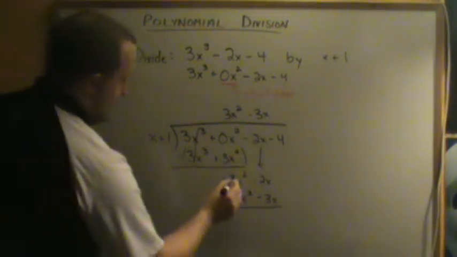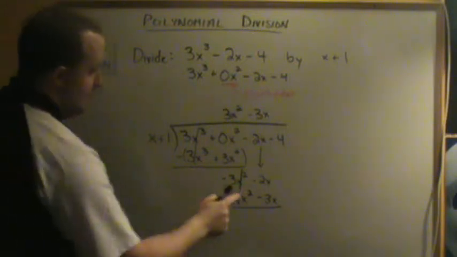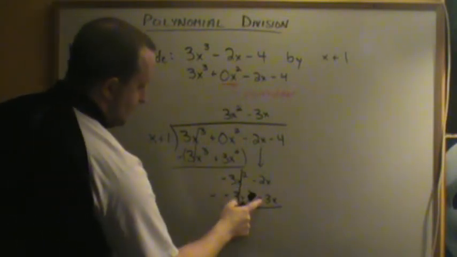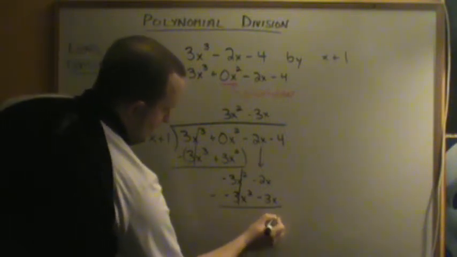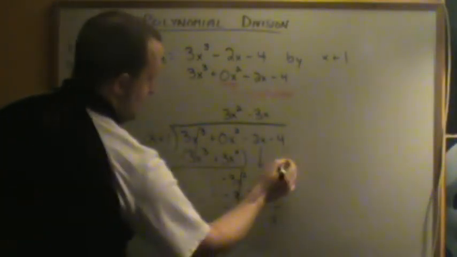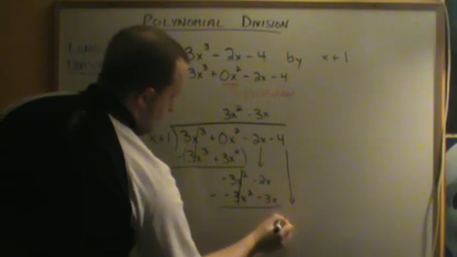And subtract. These 3x squareds go away. Negative 2x minus a negative 3x, minus a negative makes a positive. So we're left with 1x. Bring down the 4.